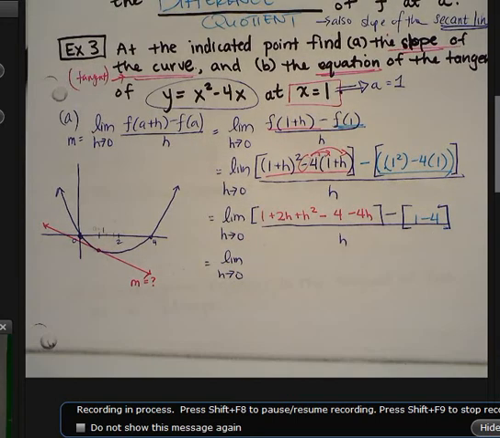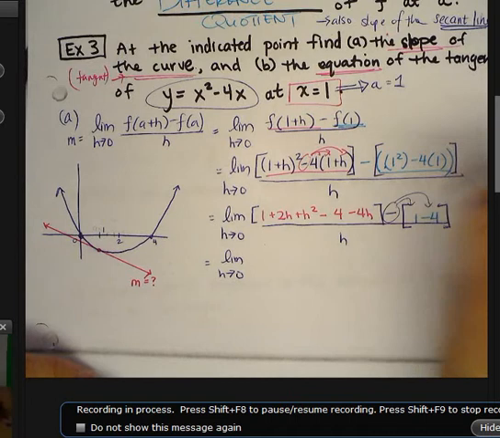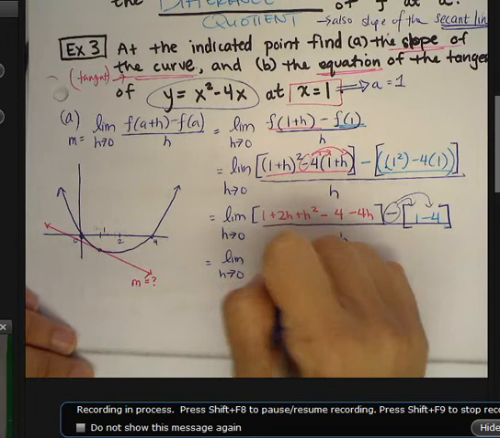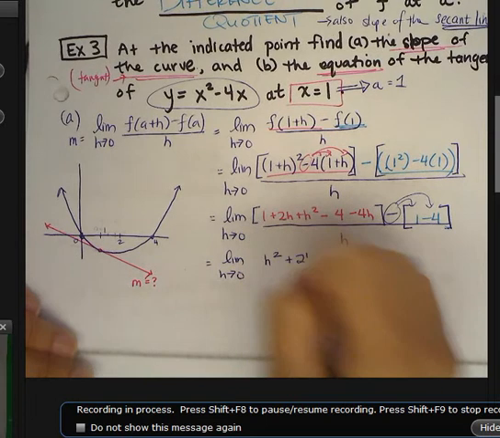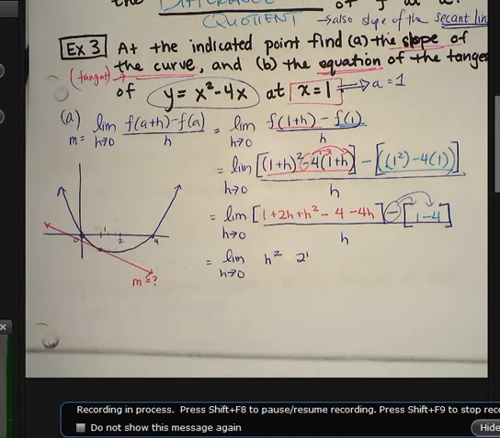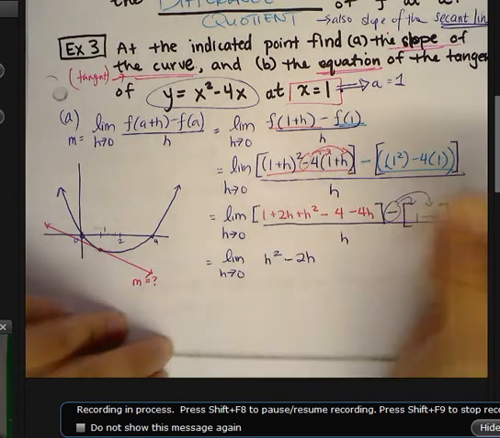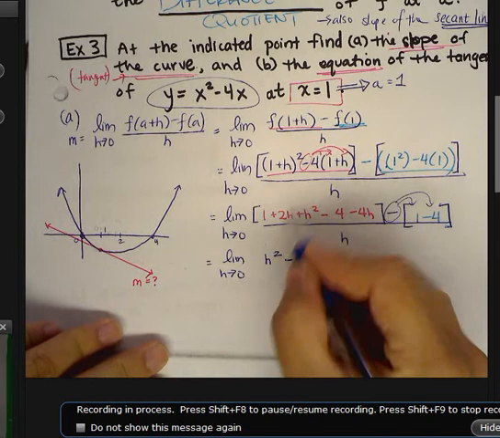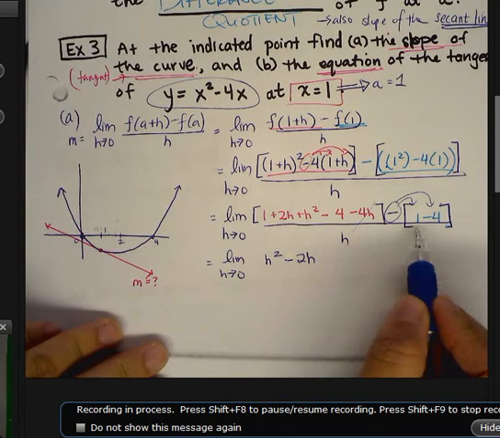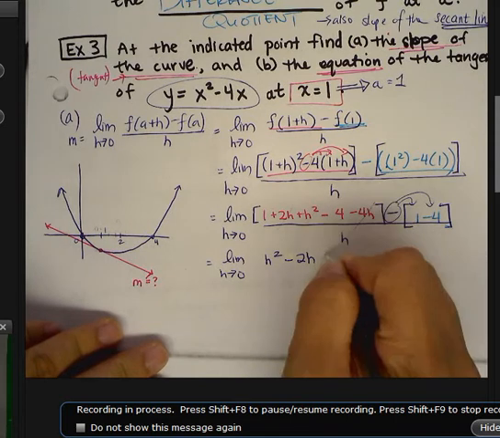Now we can start combining like terms, right? So don't forget to distribute this negative. So we should in the end have an h squared and a 2h. Oh wait, 2h minus 4h, so that's negative 2h. H squared minus 2h. Then we have a negative 3 here, and then we're subtracting a negative 3, so that's going to be 0, over h.